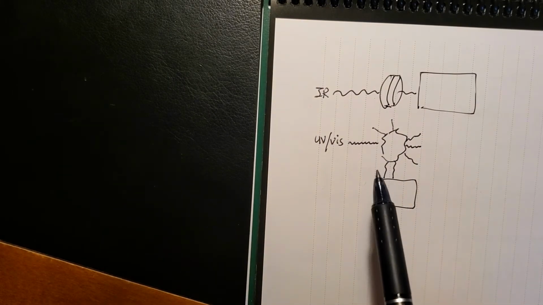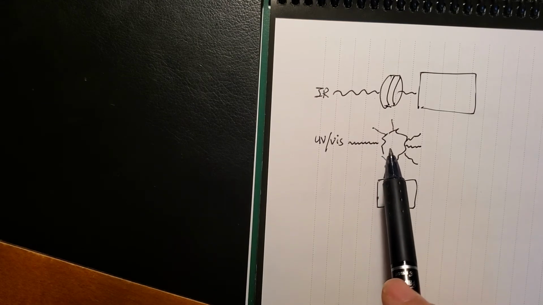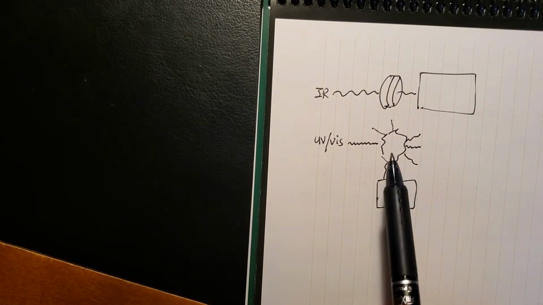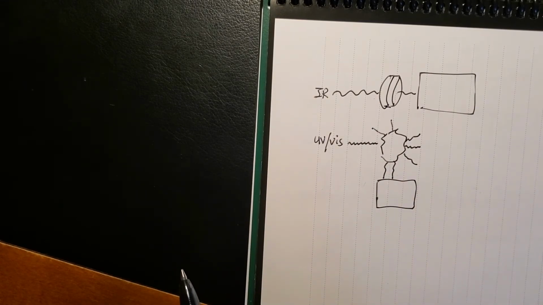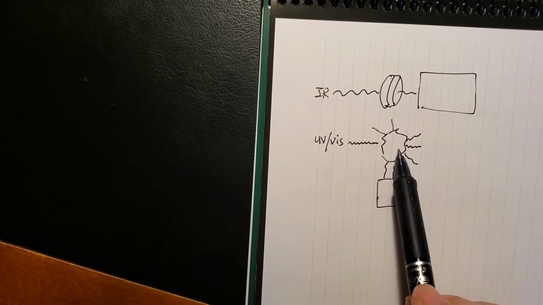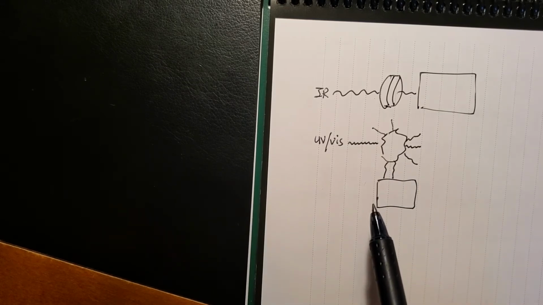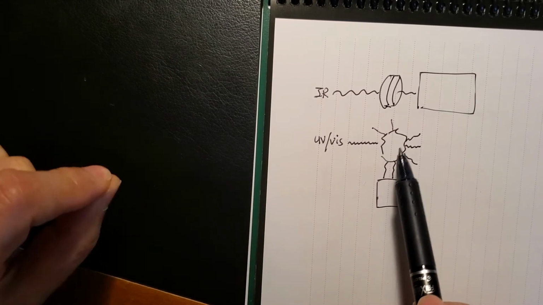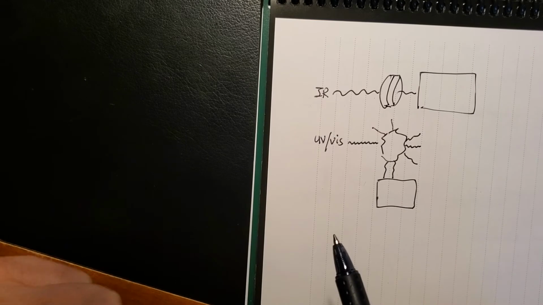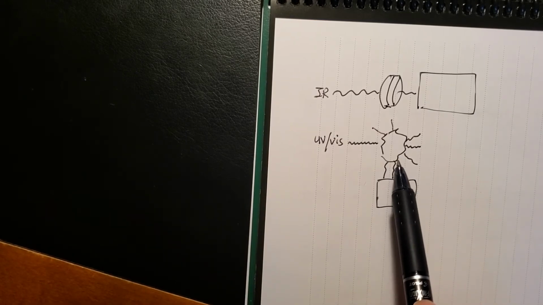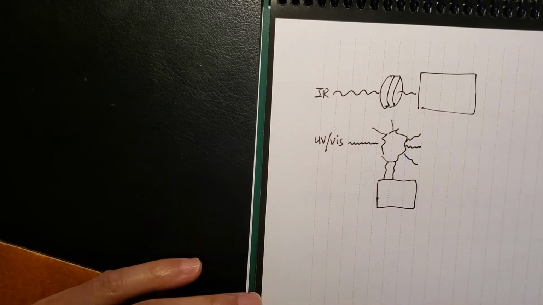And then the UV will be absorbed, and we are not detecting what is absorbed. But instead, after absorption of the photon, the electron goes to a higher energy level, not vibration, but the electron in the bond will go to a higher energy state. Then it'll come down and emit the photon.